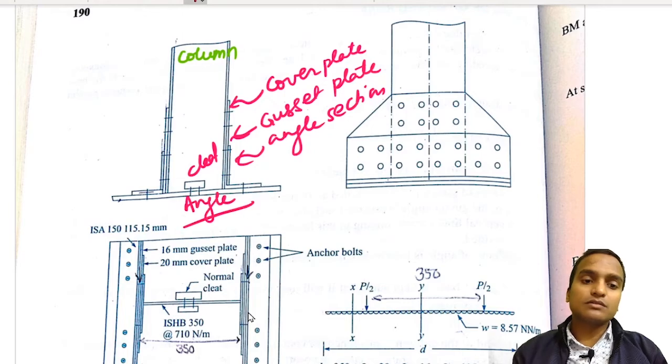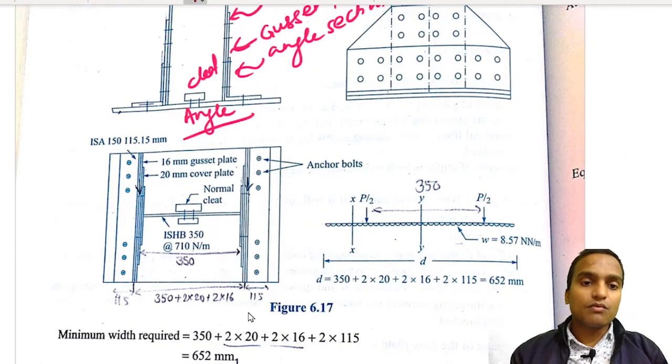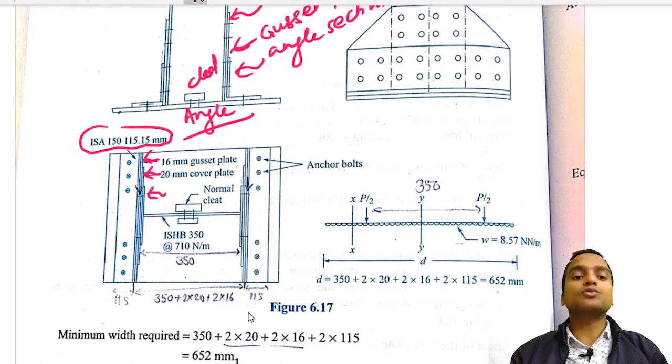Similarly, in the cross-sectional view, you can see all the dimensions shown here. One is the main ISHB 350, and this is the 20 mm cover plates, and then there is 16 mm gusset plate, and then there is angle section. So there are total 4 members here being connected with these bolts.